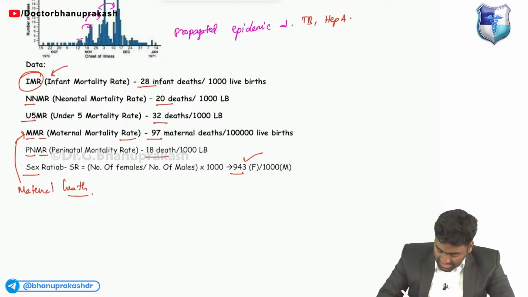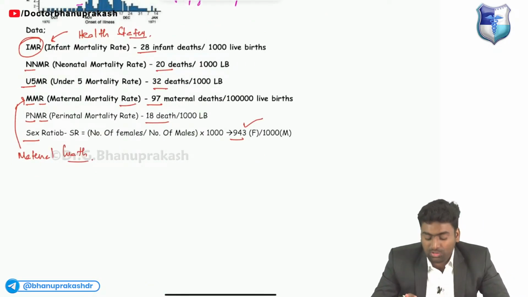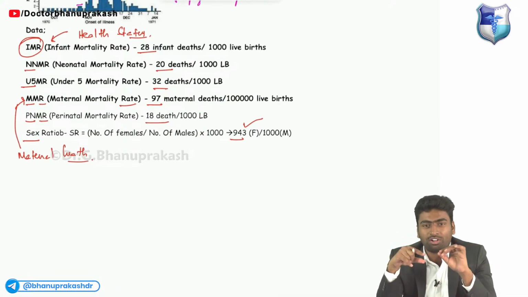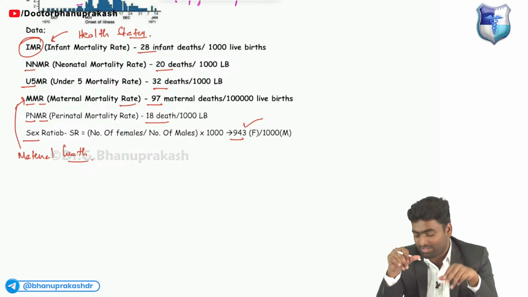So the health status of the community is mainly measured by the infant mortality rate. To remember these ratios, try to write them on sticky notes and keep them pasted.